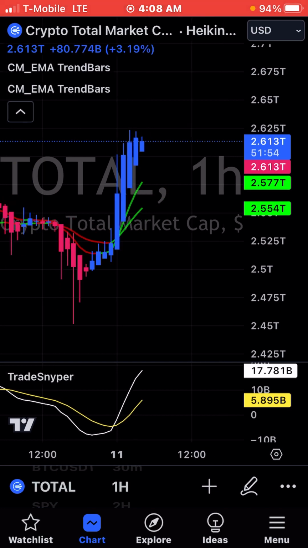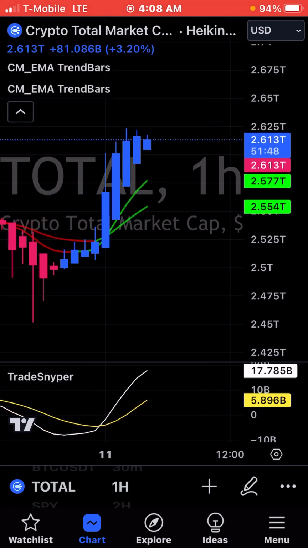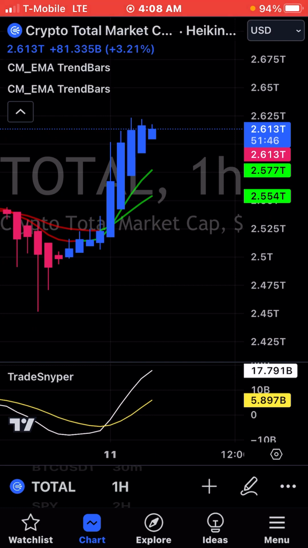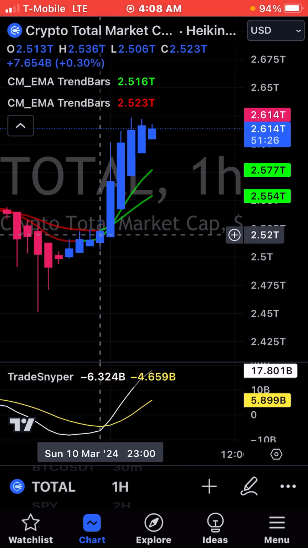So whenever there's a crossing moment on total market cap, make sure you're looking at the Bitcoin dominance and see what percentage of the money is going into Bitcoin. Then the next thing you want to do is look for crosses. This is Trade Sniper, but it's basically MACD, and you just want to look for moments where it's crossing up.